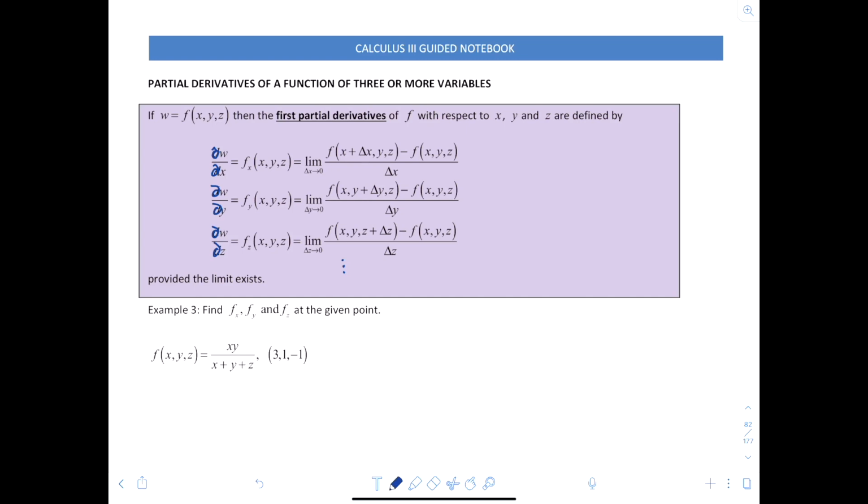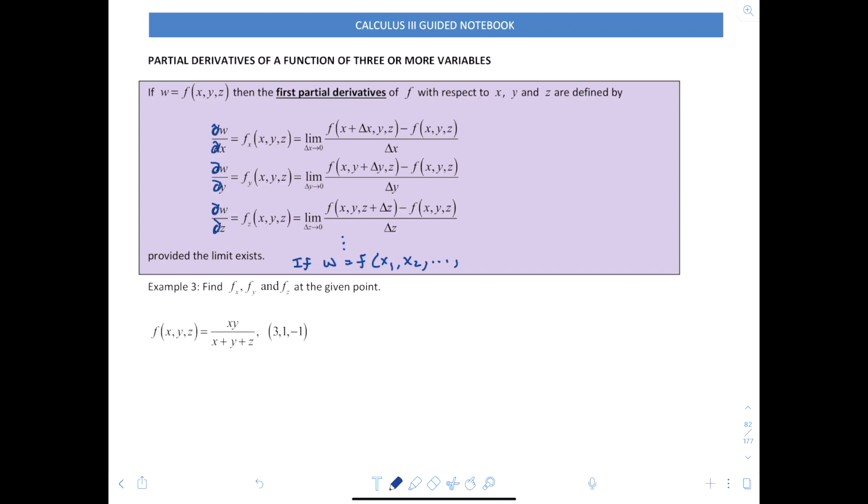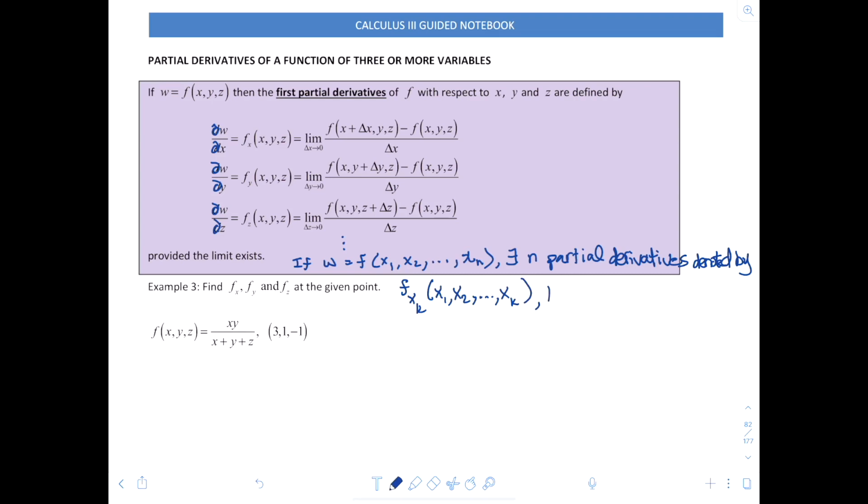So if you have w equal to f of x1, x2, all the way down to xn, there exist n partial derivatives, and those partial derivatives would be denoted by fxk of x1, x2, all the way down to xn, where k is equal to 1, 2, all the way down to n.